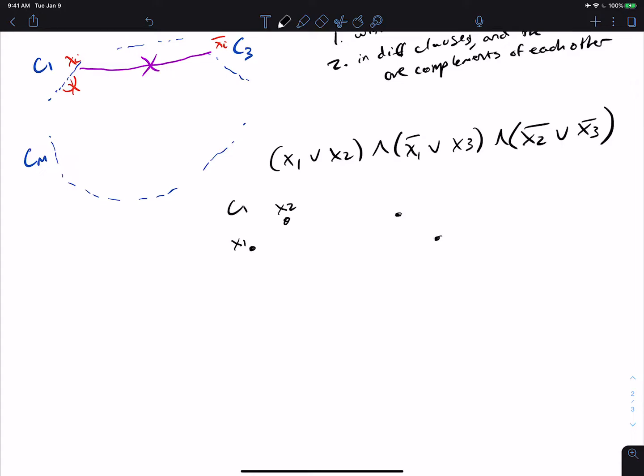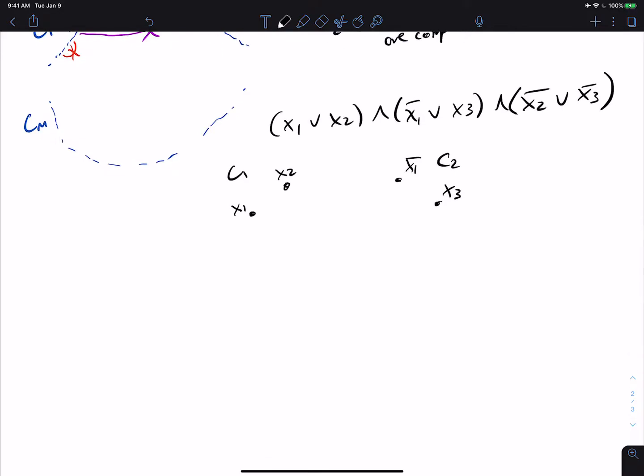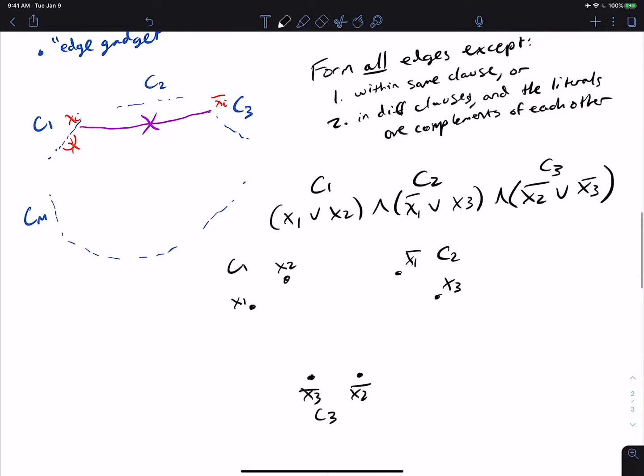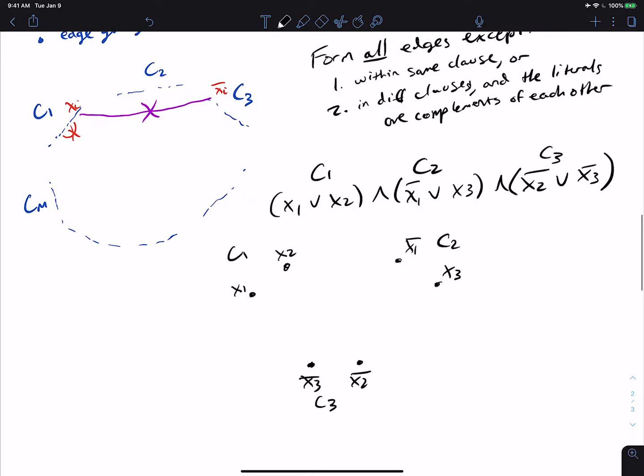Then we're going to have 2 vertices for clause 2, which is x1 bar, x3, and then we're going to have a third clause, which is c3. So this is c1, c2, c3. And these vertices are x2 bar, x3 bar. So now we're going to connect up all vertices such that we don't hit the ones in the same clause, and if they're in different clauses, they must be complements.